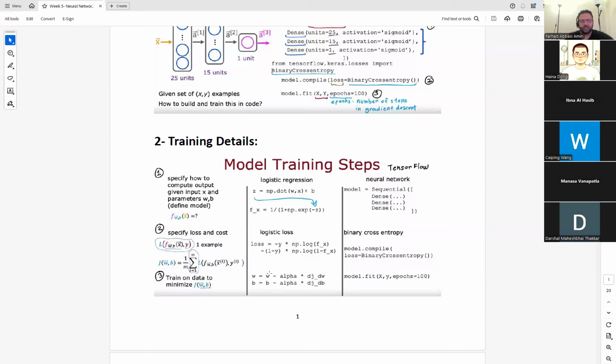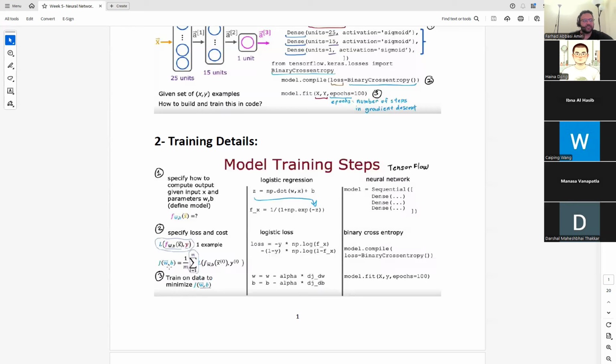Using the initial values of W and B, the learning rate alpha, and the first derivative of our cost function J with respect to W and B. We talked about all these steps in the logistic regression chapter. And you remember that was the loss function, loss of f of x and y, our prediction and the true value y.